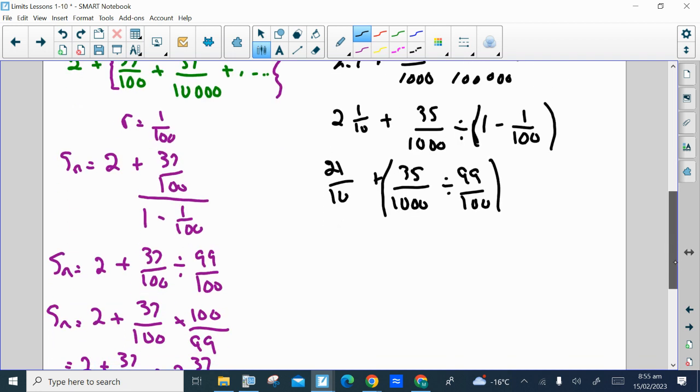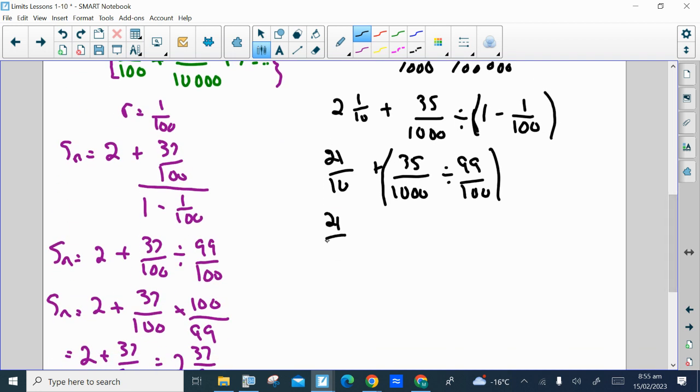So to divide by a fraction, again, we multiply by the reciprocal. So this will be 35 over 1,000 times 100 over 99. So you can divide top and bottom by 100, which will take 2 zeros off the bottom there.